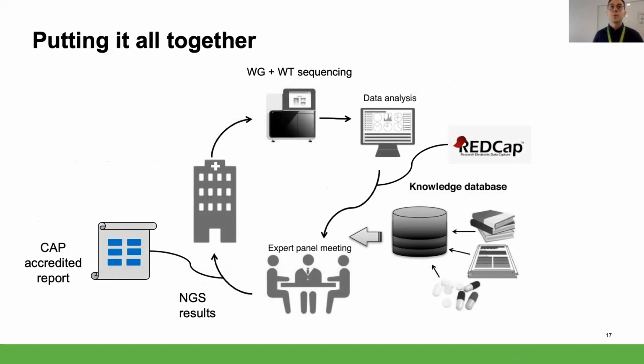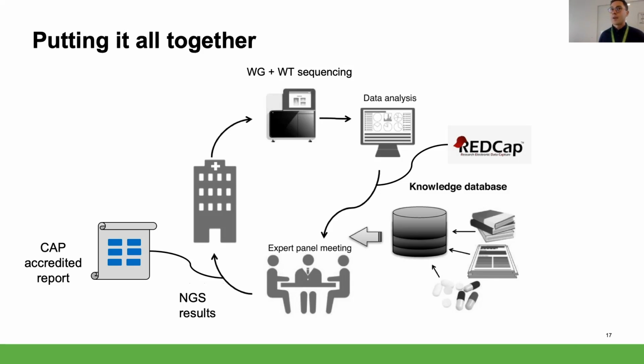So what this might look like when we put it all together, we would get a request from a hospital or one of our collaborators. This would undergo a whole genome and whole transcriptome sequencing. The pipelines here at OICR would do a lot of the crunching.